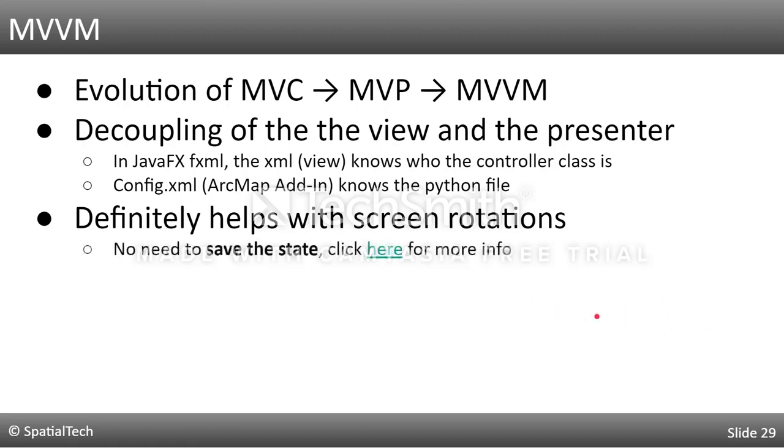Another thing that they do on screen rotations, besides different views, I got a little ahead of myself there, is saving the state. Having this view model in memory means that we save the state. You may have an old app on your phone, and when you're working with it, if it rotates on you, you lose all your edits and you have to retype stuff.